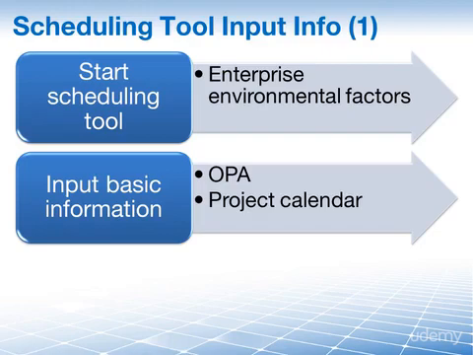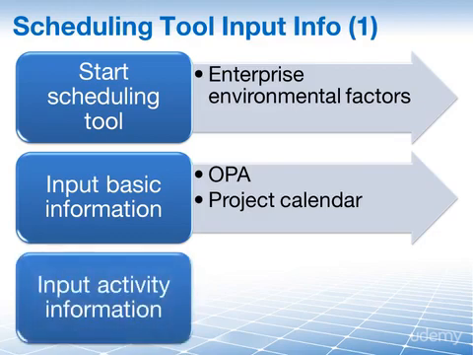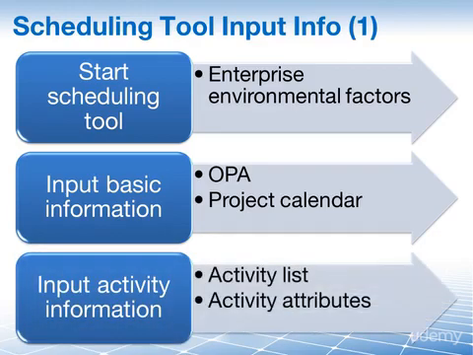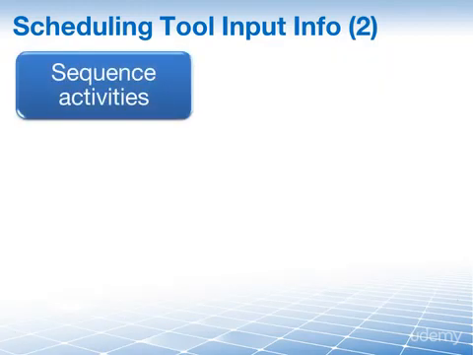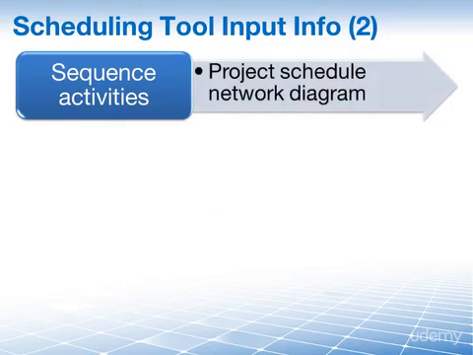Now we can begin to input our activities and their detailed information into the scheduling tool. For this, we need the activity list and the activity attributes. We now need to put the activities into the correct sequence. This information is found in the project schedule network diagram in the graphical representation.